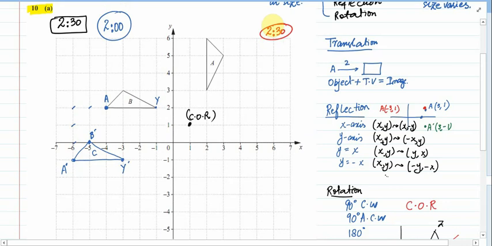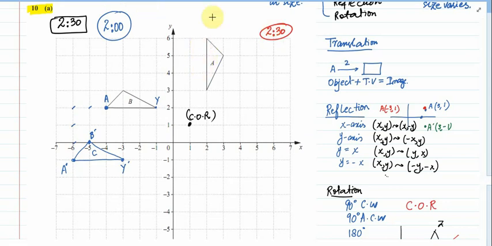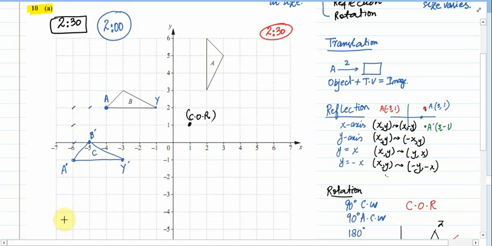Your time starts now. All right, so we need to reflect triangle A, but before that I need to plot the line y equals x. So that is your line y equals x.